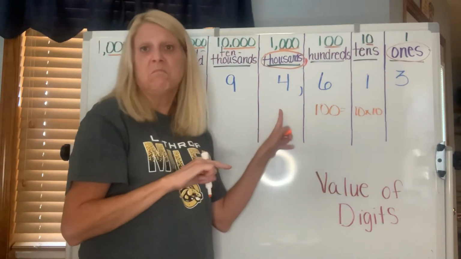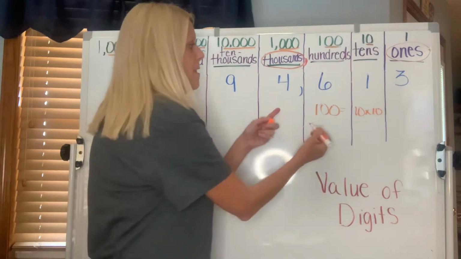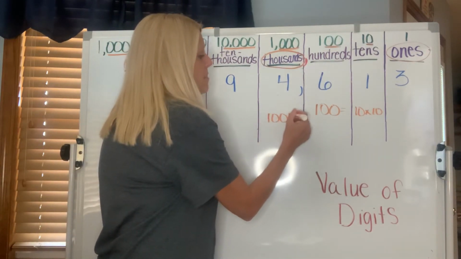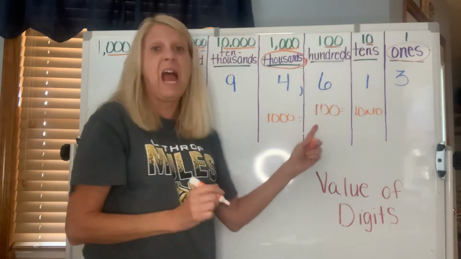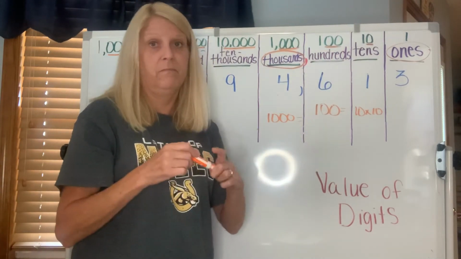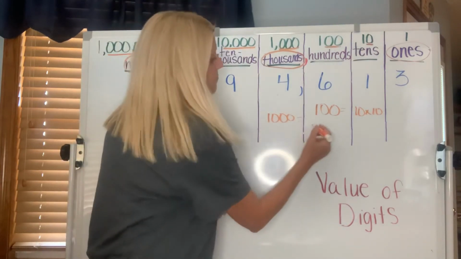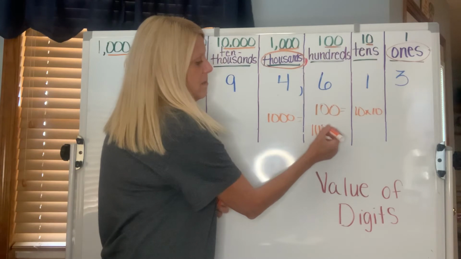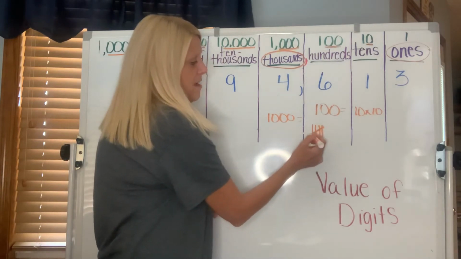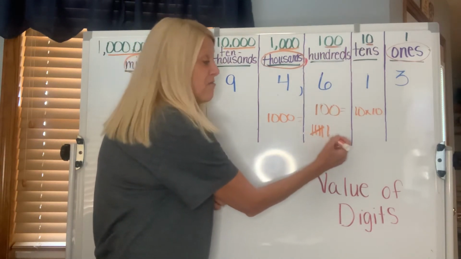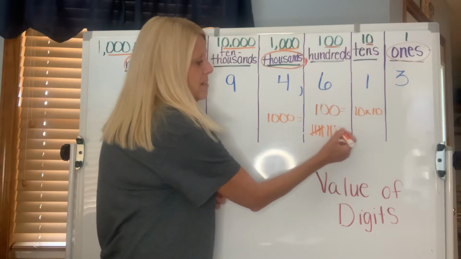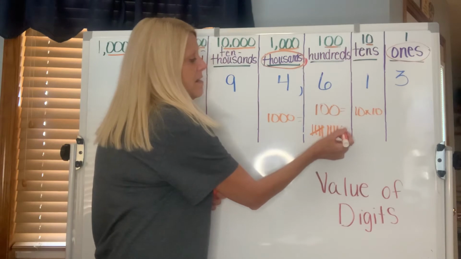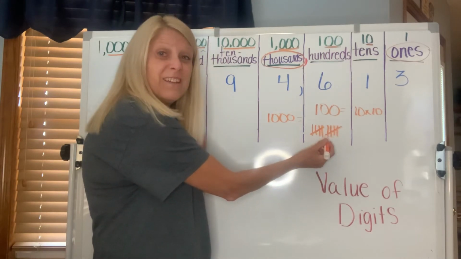And let's try that with our 1,000. 1,000 is equal to how many 100s? 100, 200, 300, 400, 500, 600, 700, 800, 900, 1,000.